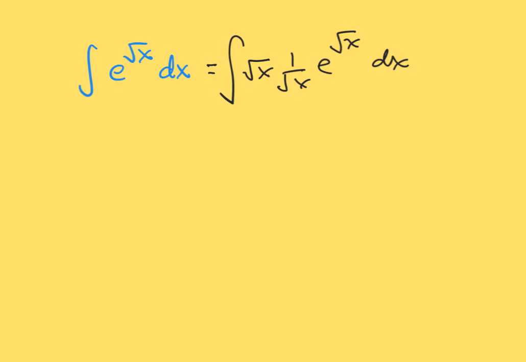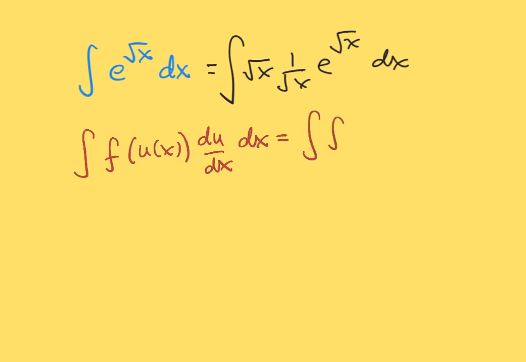Now, this is in the format of a standard equation that we all love and know. So we have the equation: the integral of f of u of x times du dx, integrated with respect to x, is equal to f of u integrated with respect to u, and then at the end we replace u by u of x.